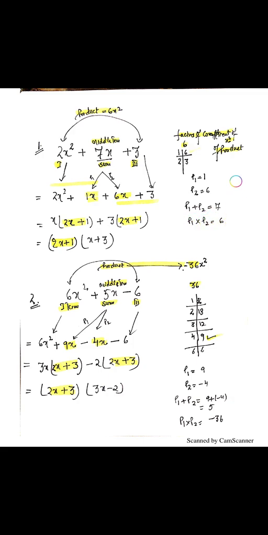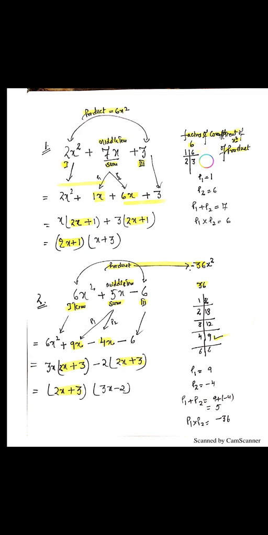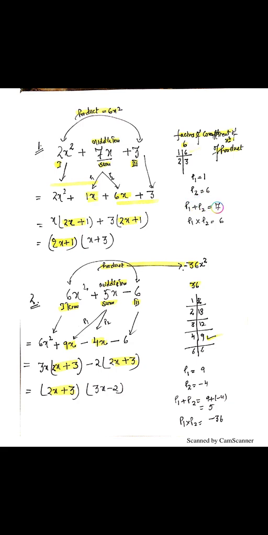You will get the two parts from the factors of the coefficient of x square of the product, which is 6. So factors of 6 are 1 and 6, 2 and 3. From which factors on addition you will get 7, and on multiplication you will get 6?